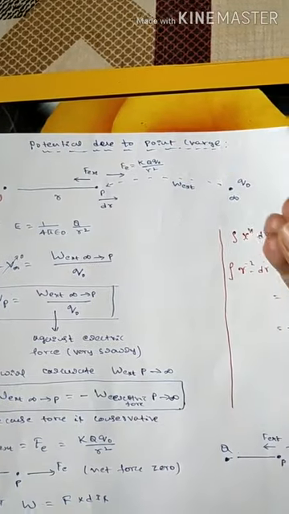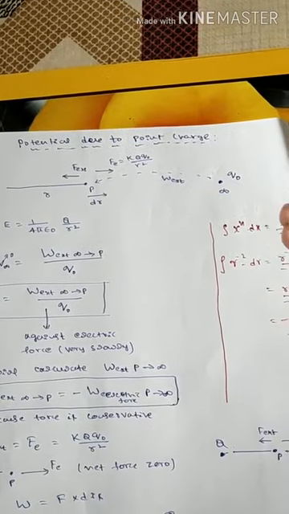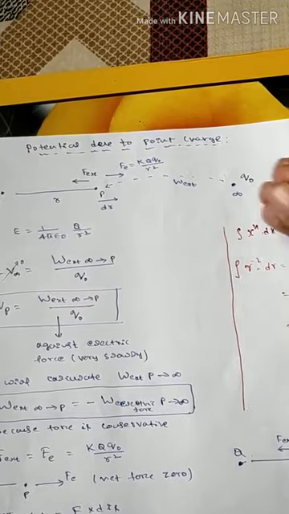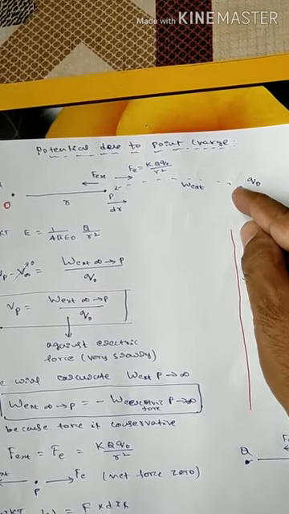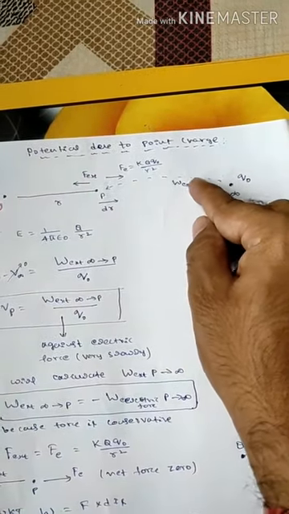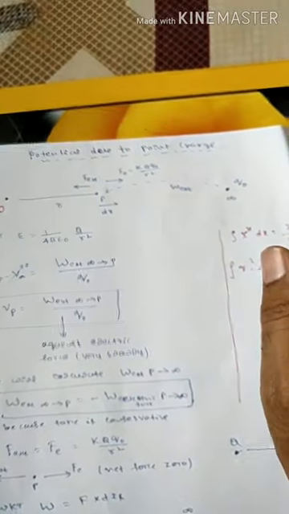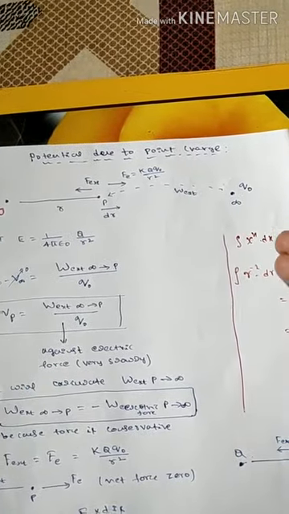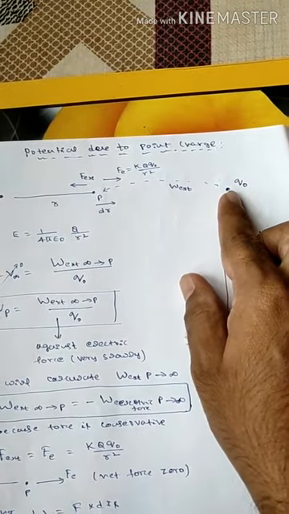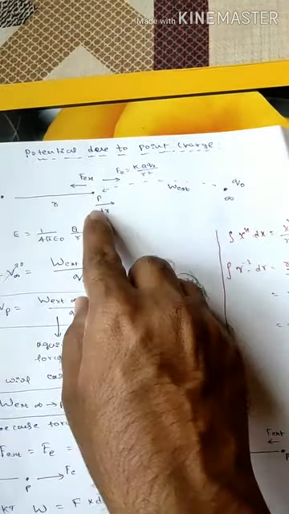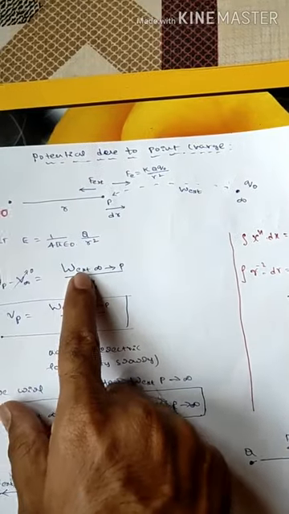Some work is needed to move this charge, clear? Just we push, then this charge moves slowly and finally comes to P point, clear? Work is needed to move the charge from infinity to which point? P point. This is the concept.